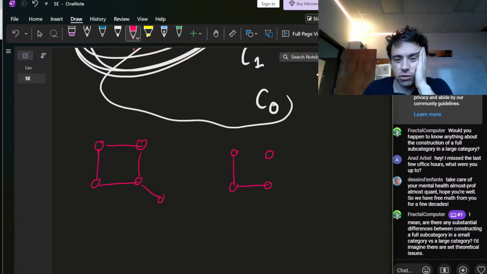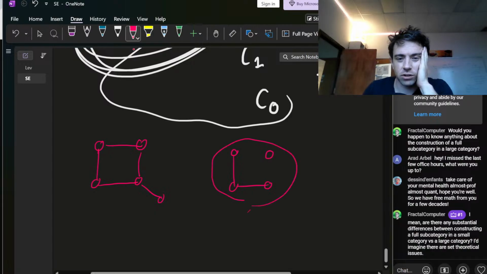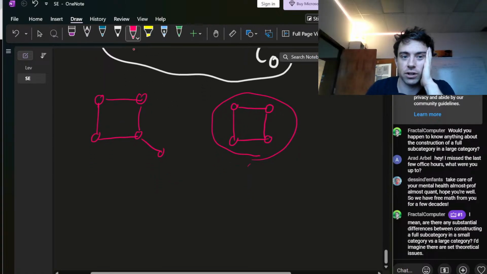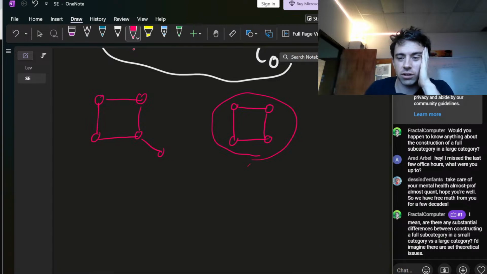So this is a subgraph, but it's not an induced subgraph. An induced subgraph says if you have any two vertices, you must have the edges that are incident with them in the parent graph. So this is completely analogous to the setting of a full subcategory.